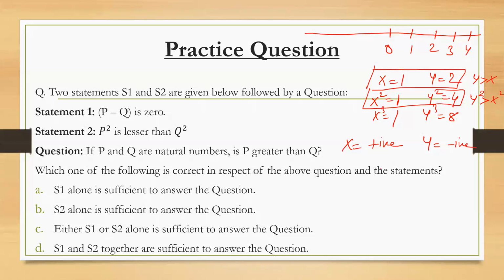What would be the nature of x square and y square? Can I say x square will be greater than y square here?